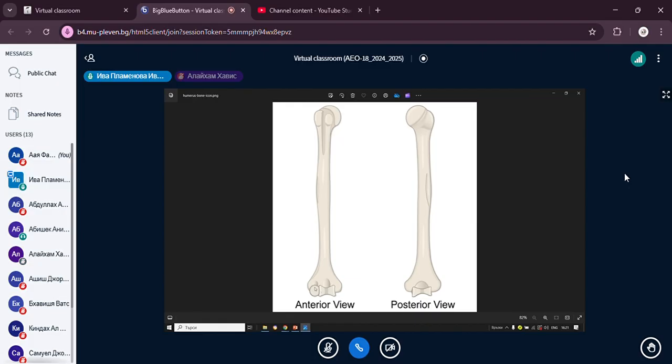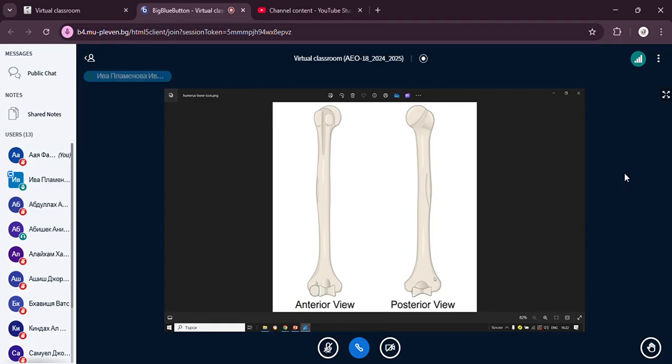Yeah, the lateral part is the capitulum. The medial part is the trochlea humeri. Above them, we have two fossae. Above the capitulum is the radial fossa. Above the trochlea is the coronoid fossa.